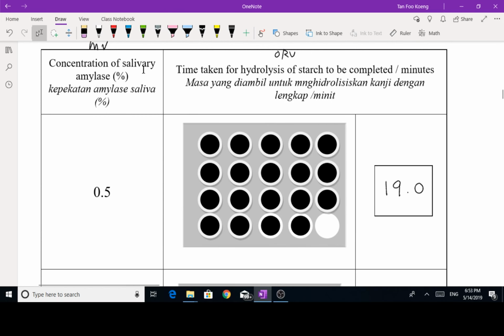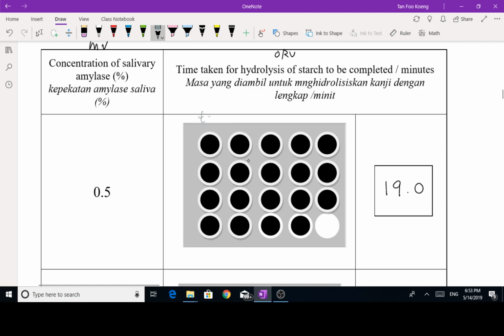When the concentration of the salivary amylase is 0.5%, what is the time taken? This is normally the first data given to you. It is 19 minutes. So that means at 19 minutes, the iodine remains yellow.